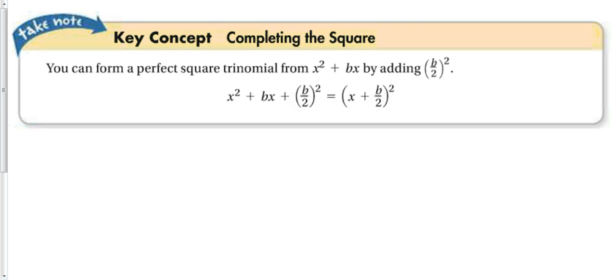So you can form a perfect square trinomial from x squared plus bx by adding b over 2 squared. Always adding, because we're squaring something, so no matter what, it's going to be positive. And then, of course, my factored form becomes x plus b over 2, the whole thing squared.